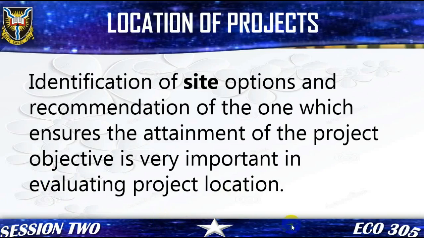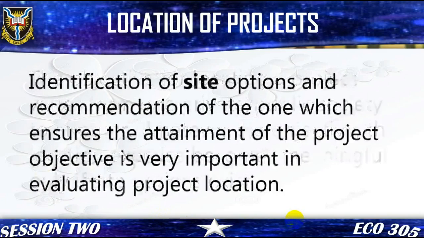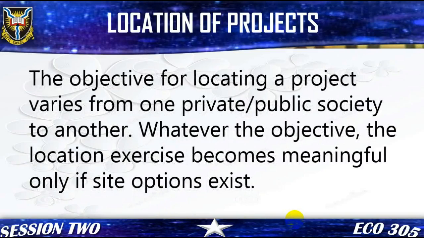Whatever the objective, the location exercise becomes meaningful only if site options exist. Basically, four types of projects are distinguishable based on the degrees of freedom that exist in the choice among site options. This is illustrated below in Figure 2.1, based on whether projects are manufacturing or non-manufacturing, or private or public.